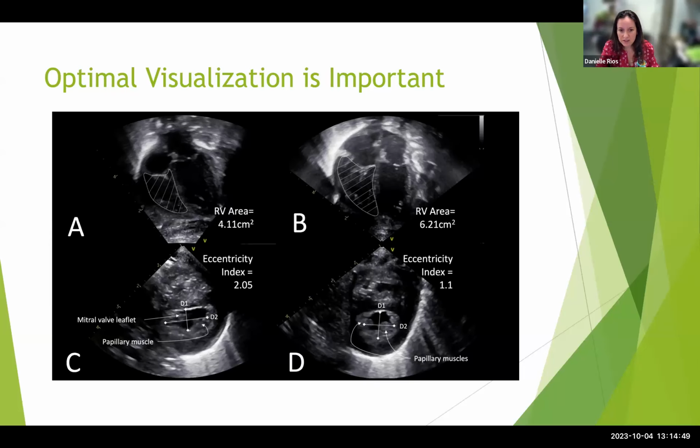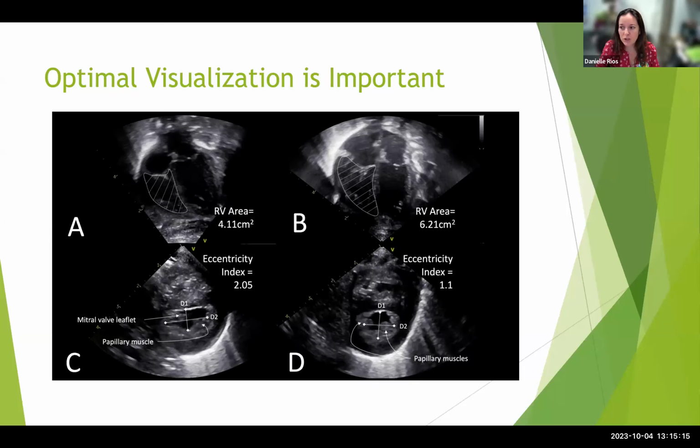On the left, we see A and C, and the image is just not optimized. Let's focus on C, where you see that the plane is not quite correct. You have one papillary muscle, but you also are seeing the mitral valve leaflet. So this off-axis image leads us to measure an eccentricity index of 2.05.